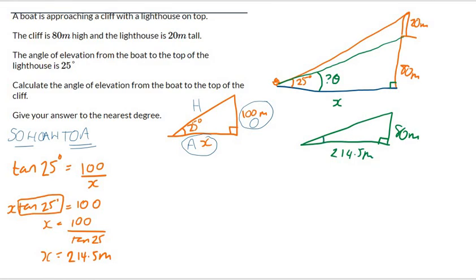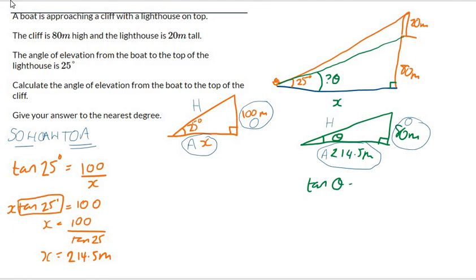We don't know the angle; that's what we want, the angle of elevation. So let's label our triangle with hypotenuse, adjacent and opposite. We've got something on the adjacent side and the opposite, so we're using tan again.